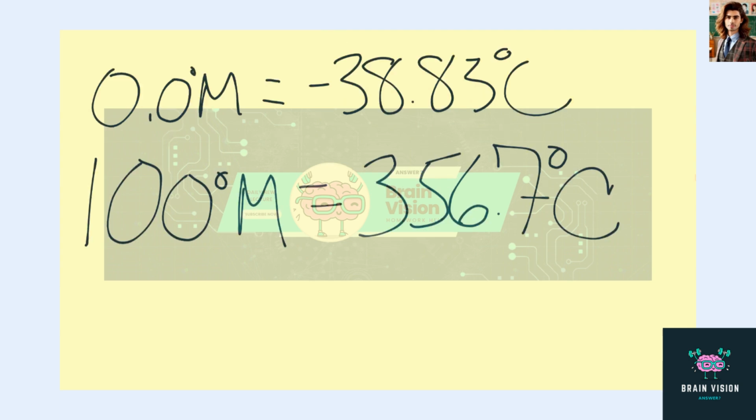We'll see that 100 degrees mercury corresponds to a change of 38.83 plus 356.7 degrees Celsius.